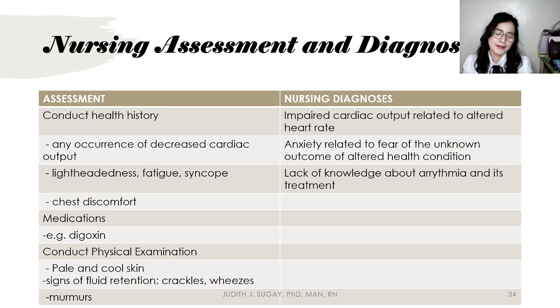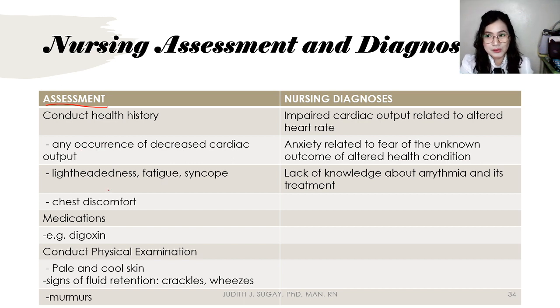Okay, so having learned those, let's now visualize ourselves facing our clients. So we now conduct nursing assessment. What do we assess for? As mentioned a while ago, you need to conduct health history. For the assessment, you have to conduct an interview.